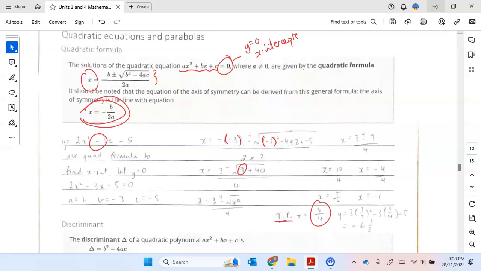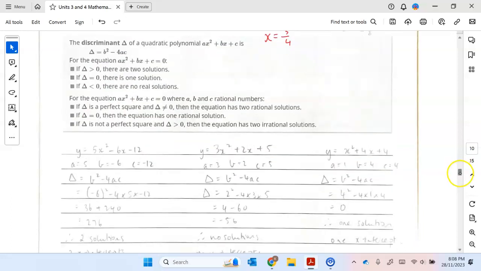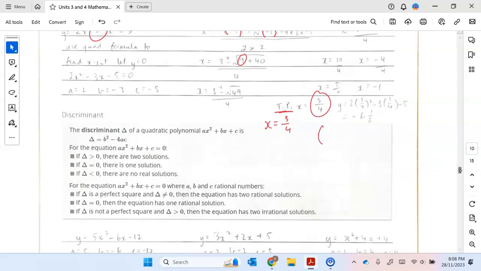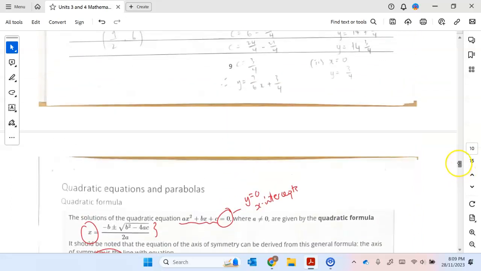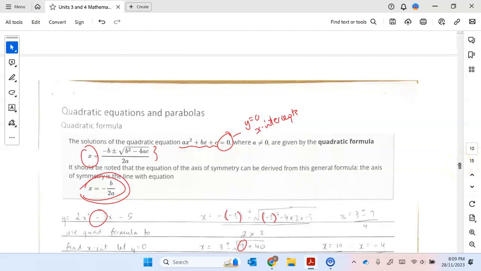So that's the x-coordinate of the turning point, and your axis of symmetry equation is x equals 3/4, because it's a straight vertical line. And your turning point has coordinates, so it's 3/4 and -6 1/8. So the formula up here, the -b/2a, just gives you the x-coordinate of your turning point, or the equation of your axis of symmetry.